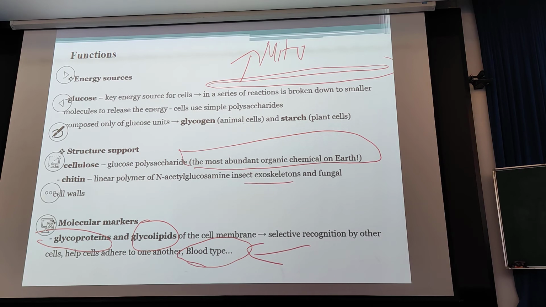The O blood type, AB blood type, A or B differ because they have different glycoproteins in which cell? Yes, in red blood cells, because carbohydrates are very important as molecular markers.